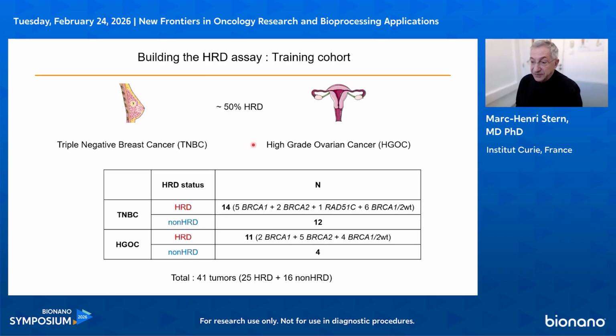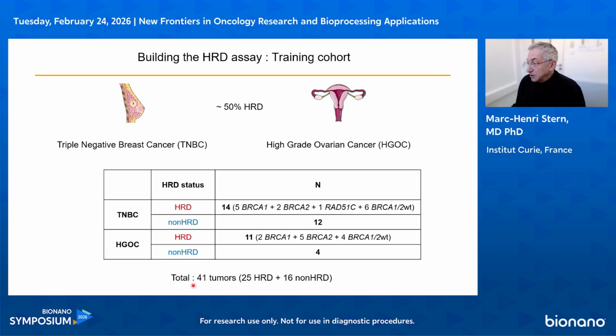Those aggressive carcinomas are characterized by deficiency of the homologous recombination pathway in approximately 50% of the samples, and this feature is very important to stratify those patients for therapy, in particular for treatment by PARP inhibitor.